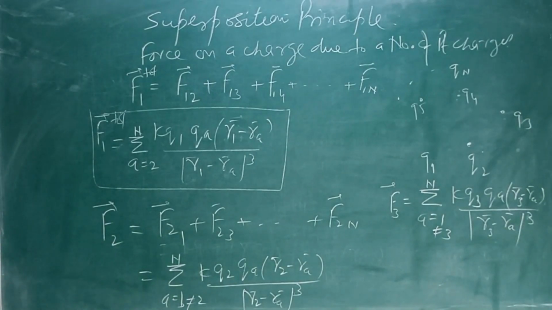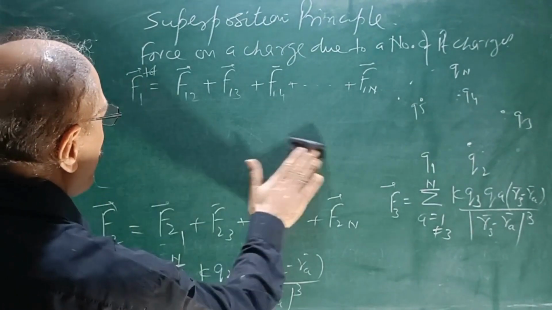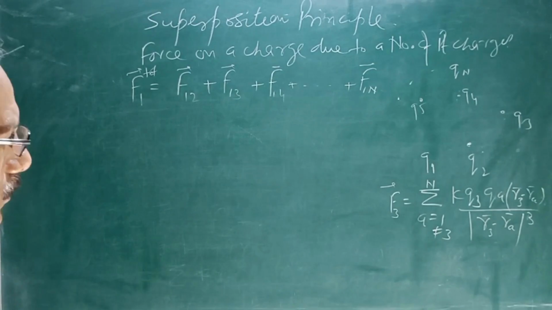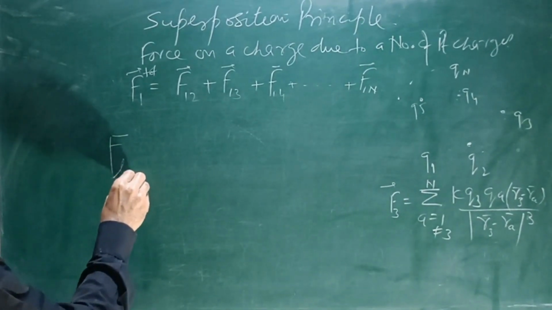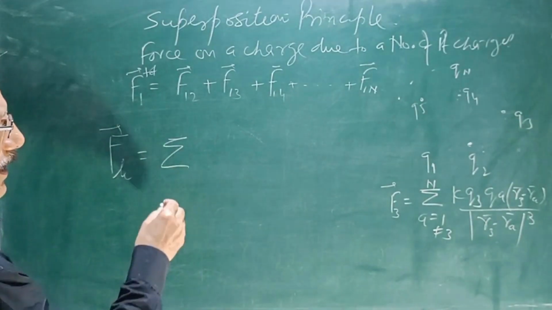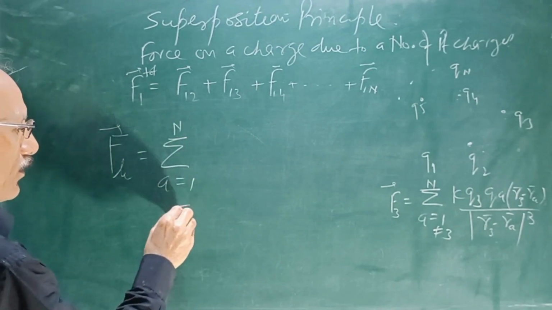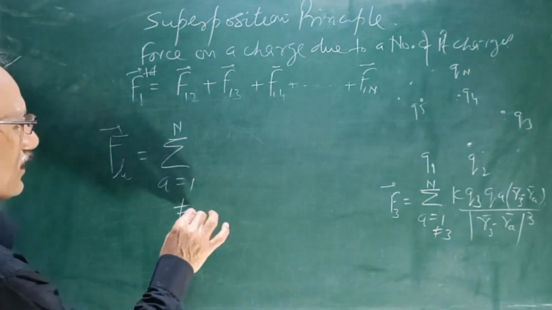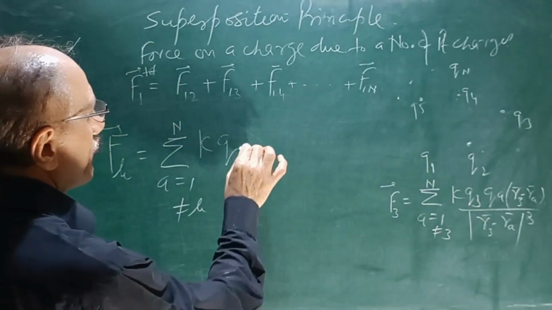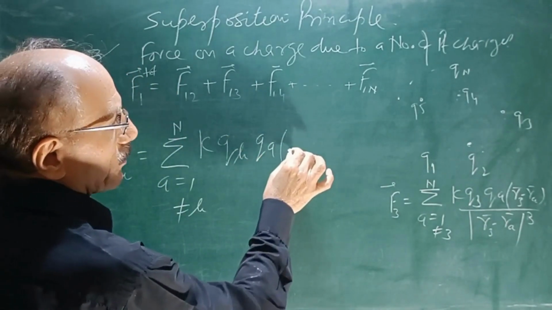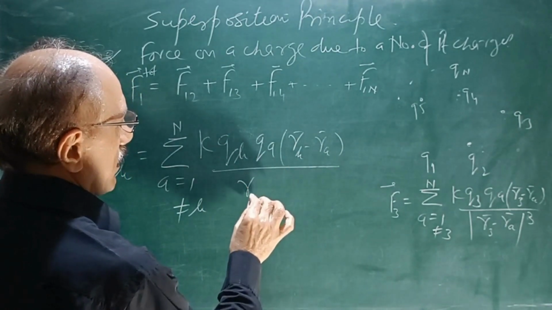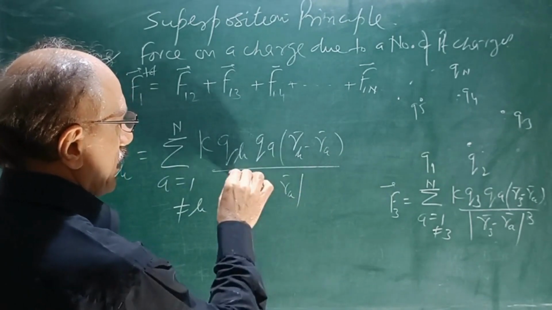Now, in generalized terms, what can you write? Suppose I want to find the force on the 13th charge, the 14th, or the 50th charge. So that is F_B equals summation, A equals 1 to N but not equal to B, and here K Q_B Q_A, and this will be R_B minus R_A upon modulus of R_B minus R_A cubed.